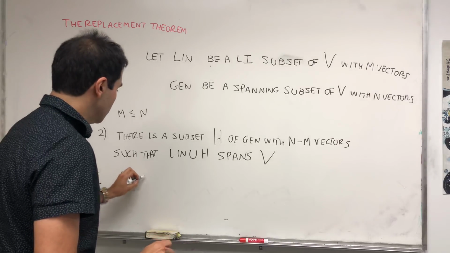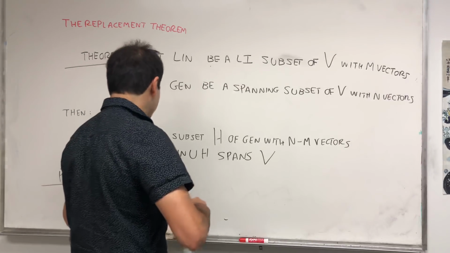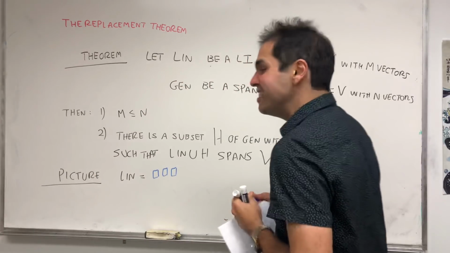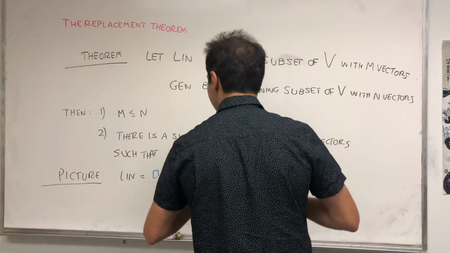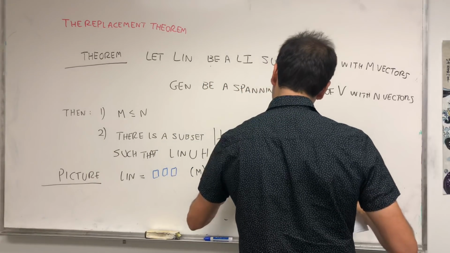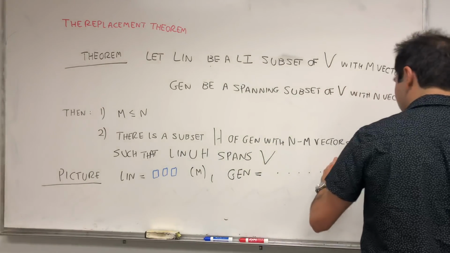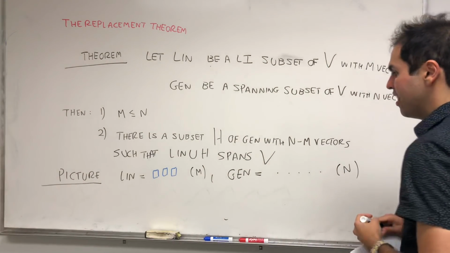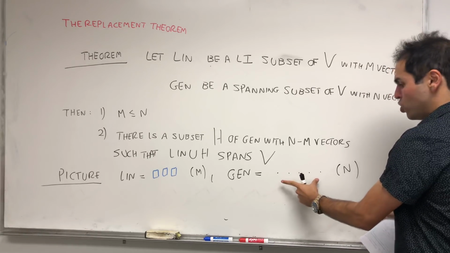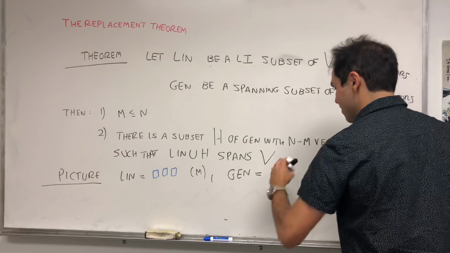So suppose you have a linearly independent subset with, let's say, 3 squares. So squares always means linearly independent in some sense, with m vectors. And you have a generating subset with dots, let's say with 5 vectors here. Then what this says, you can first of all add 2 vectors, so n minus m, from gen.